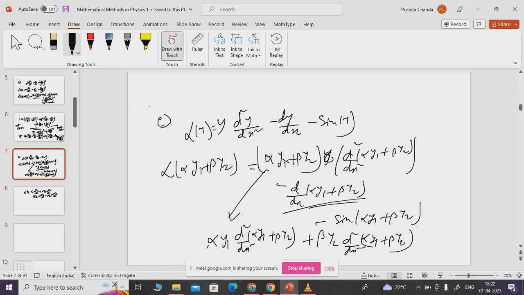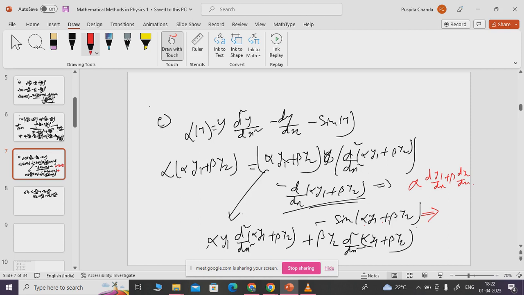Okay, this term will simply give us alpha into dy1 dx plus beta into dy2 dx.